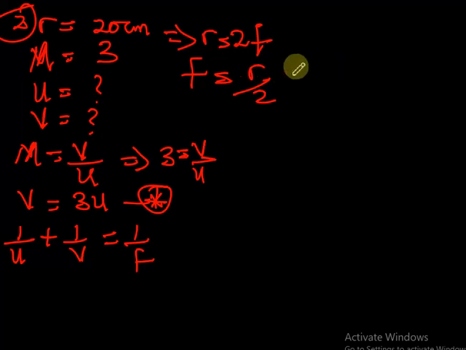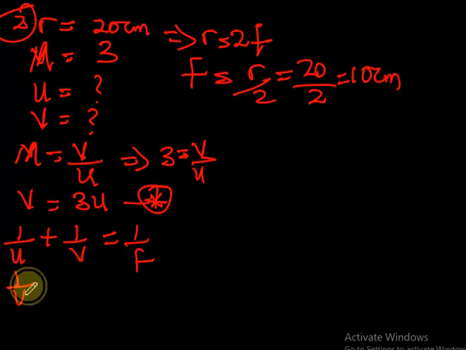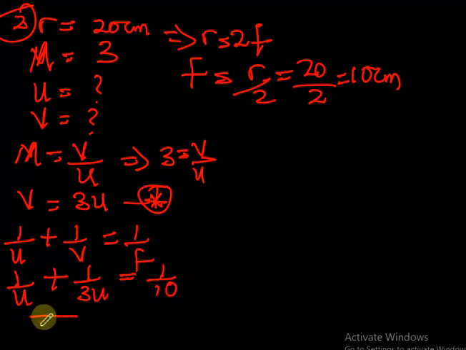So if you divide 20 by 2, that will give you focal length to be what? 10 centimeters. So we see F is 10. So 1 over U is still 1 over U, plus 1 over V, where V is now 3U, equals 1 over F, which is 10. So take the LCM for this side. The LCM should be 3U. 3U divided by U, you are going to have 3 times 1, 3, plus 3U divided by 3U, so you are left with 1, equals 1 over 10.